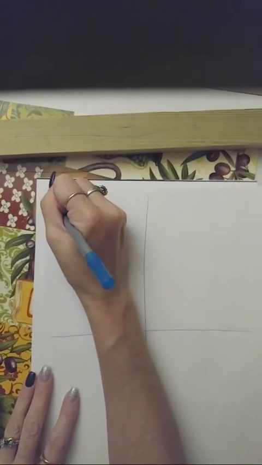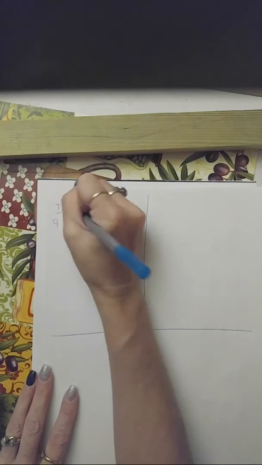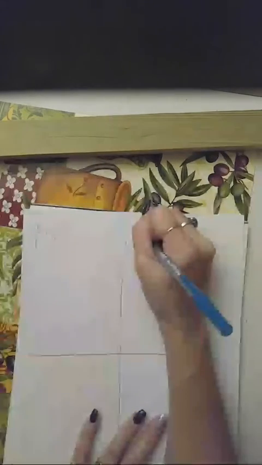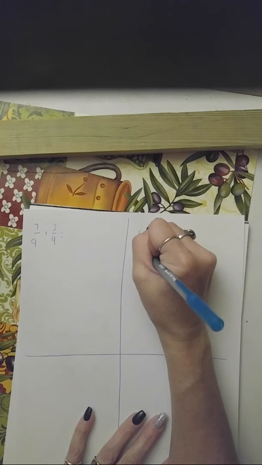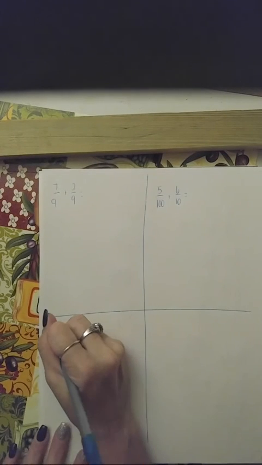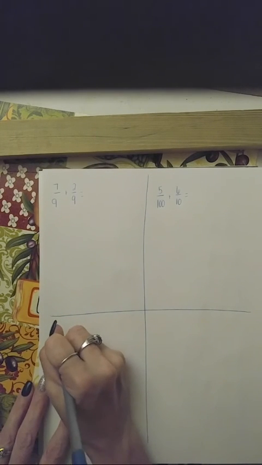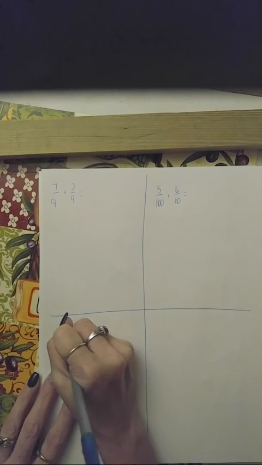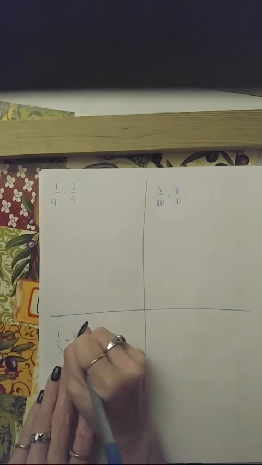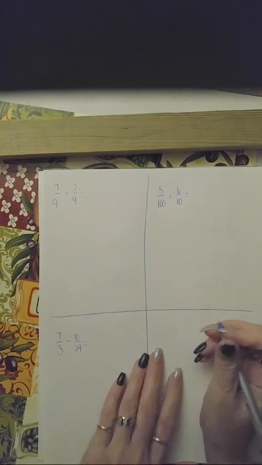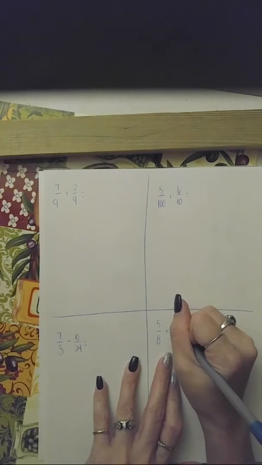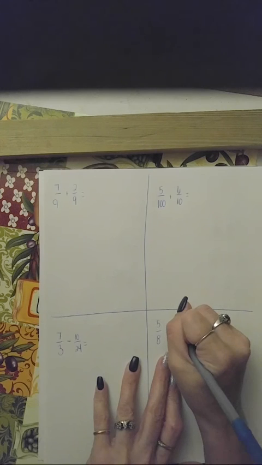First one will be super simple. 7 ninths plus 2 ninths. 5 100ths plus 6 tenths. 7 thirds minus 10 24ths. 5 eighths plus 9 fifths.